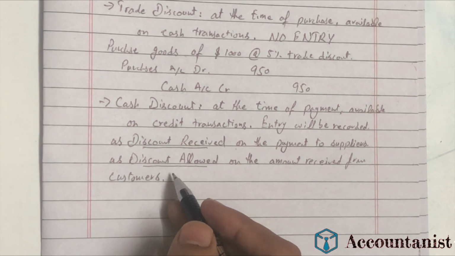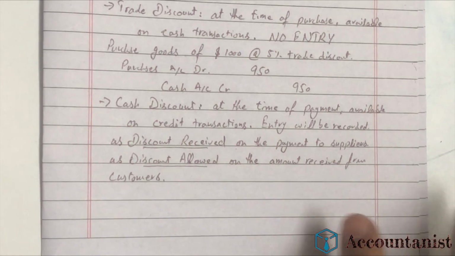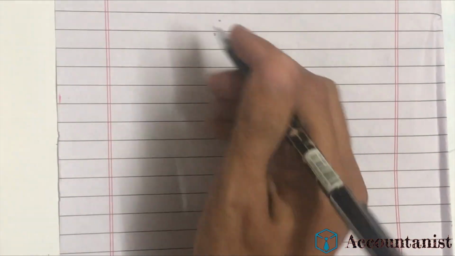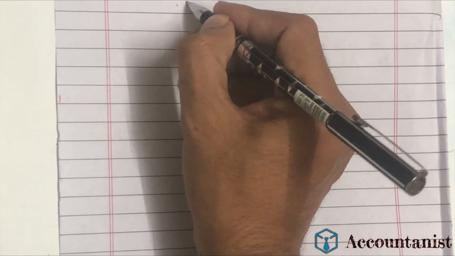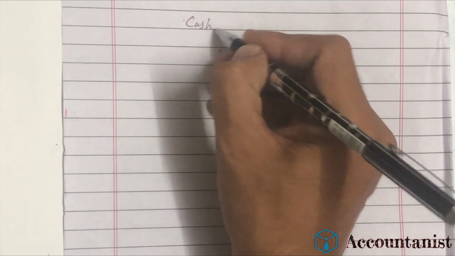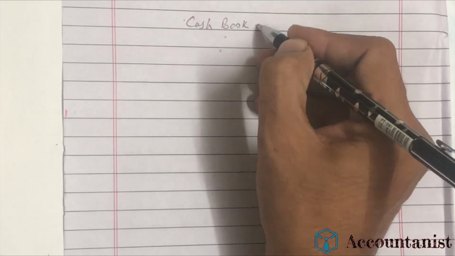So let's move on. I will show you how we make the format of this 3-column cash book. I'm going to write down the title, cash book, 3 columns.